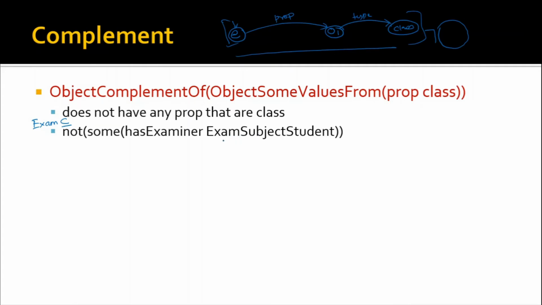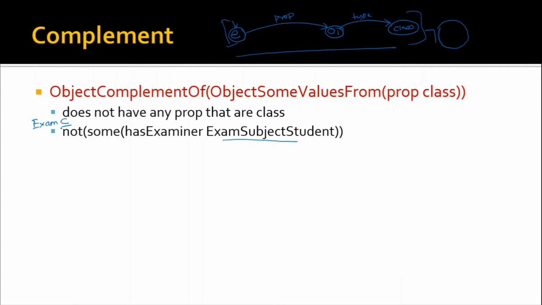So this exam subject student is a class of the students appearing for the particular exam, right? So we should not have them as the examiner of the exam they are appearing for, right?